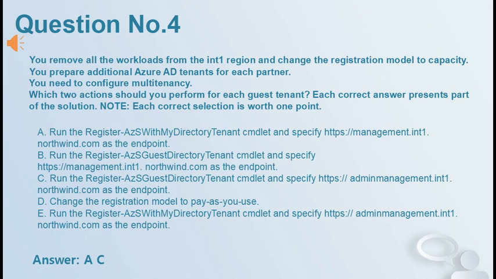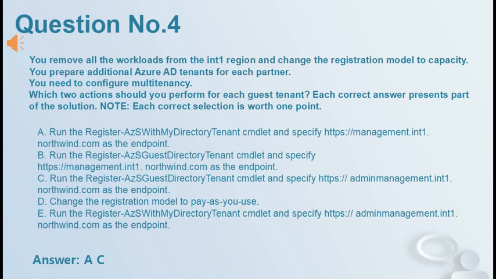Note: each correct selection is worth 1 point. A. Run the Register-AzSWithMyDirectoryTenant cmdlet and specify https://management.int1.northwind.com as the endpoint. B. Run the Register-AzSGuestDirectoryTenant cmdlet and specify https://management.int1.northwind.com as the endpoint.